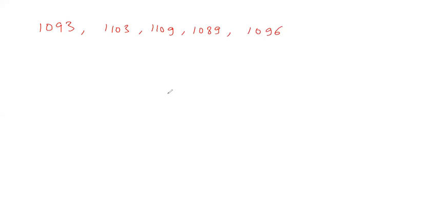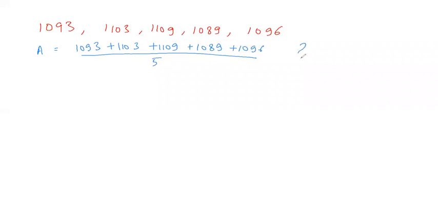If you follow the age-old practice of calculating the average, that will give you average equal to 1093 plus 1103 plus 1109 plus 1089 plus 1096, and then I can divide it by 1, 2, 3, 4, 5. And it'll give me a very bulky number, and also waste a lot of precious time in that exam, right?